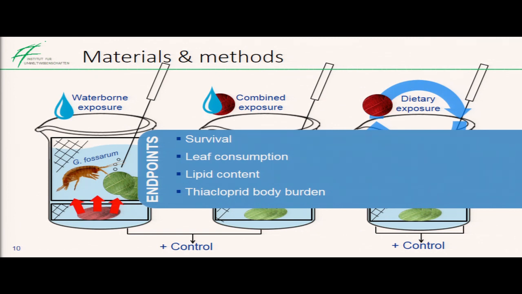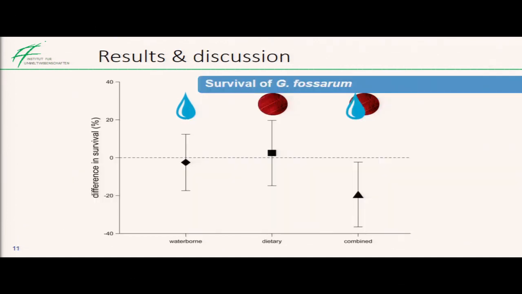And given the time restrictions here, 12 minutes are very tough. I'm not going into every single one here, so I basically decided to cancel out the thiacloprid body burden because there was anyway nothing happening among treatments, so that's a kind of a boring story there. So what happened with survival? Basically, if we are separating these different exposure pathways and look only into the waterborne exposure, there is not much happening relative to the control.